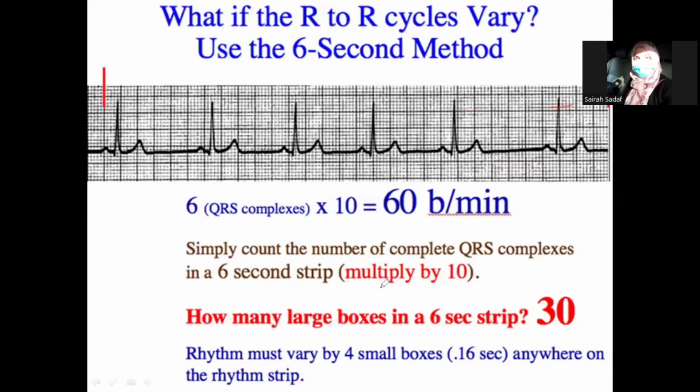Then you have to multiply it by 10. You will get the answer 60 beats per minute. So that's how you calculate the heart rate when the rhythm is irregular.